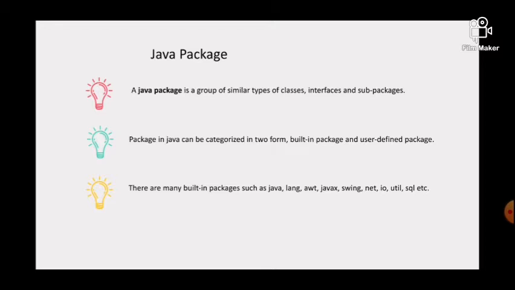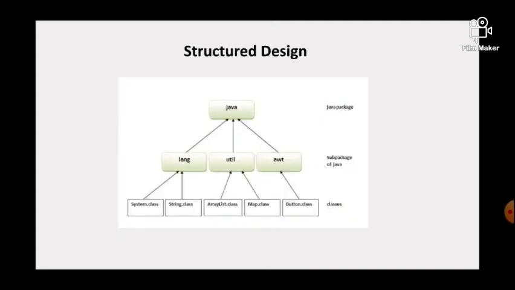There are different kinds of packages, like java.lang, awt, and Swing packages. We'll see them later. Those are the built-in packages, but we can also create our own packages. This is the structure design of a package. It is a hierarchical structure, where Java is the top package.